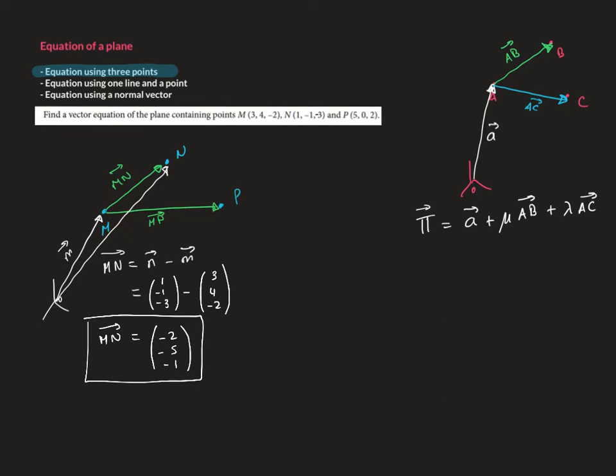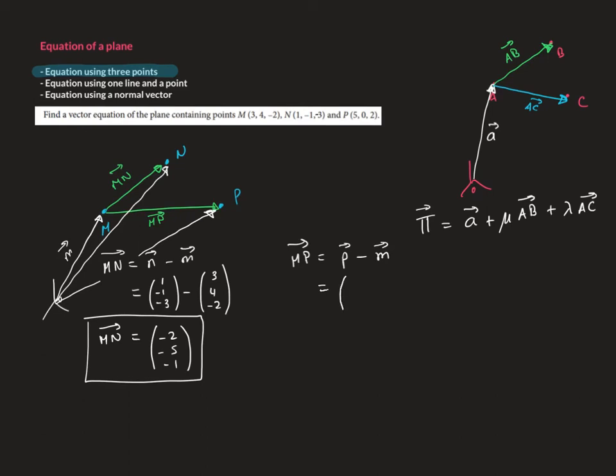Similarly, let's find the vector MP. Vector MP is going to be the vector P minus vector M. Which is vector P? Vector P is the vector that goes from the origin all the way through to point P. So let's substitute.